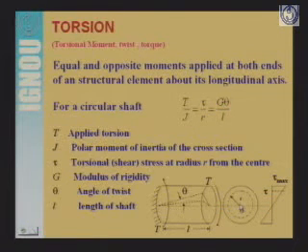because this stress varies with the distance of that fiber or that point from the center of the section. So this depends upon this distance R. So this is the torsional shear stress at radius R from the center.